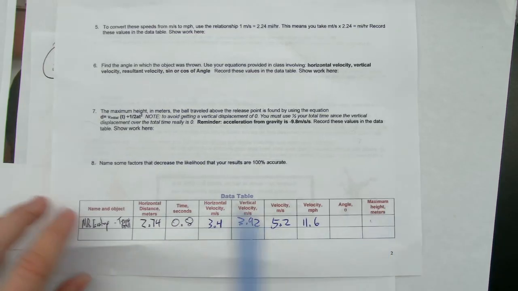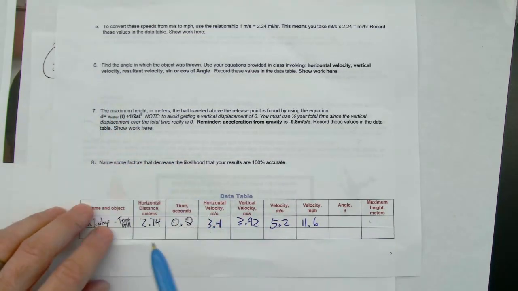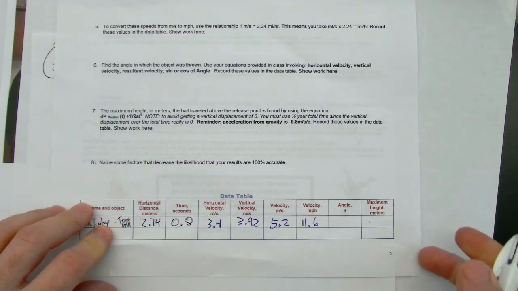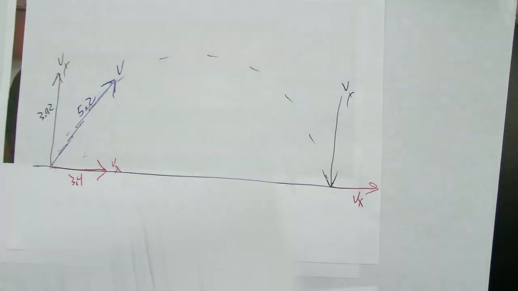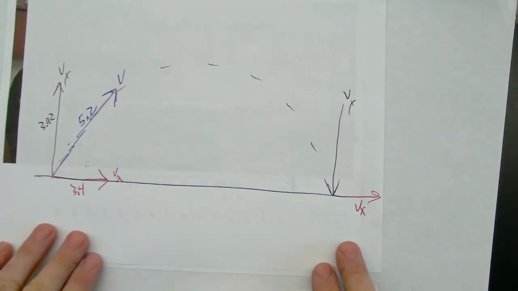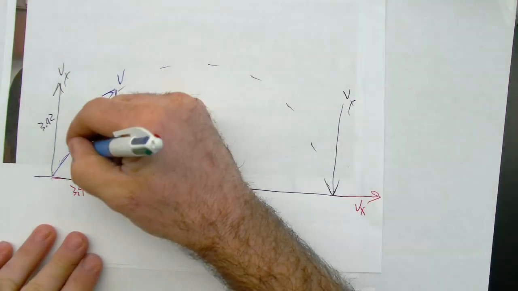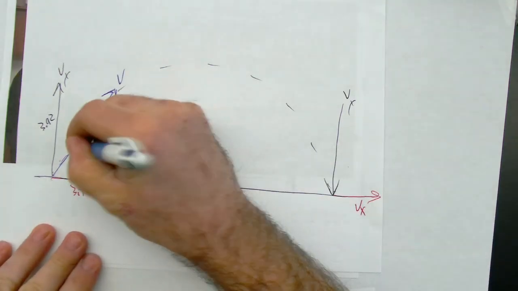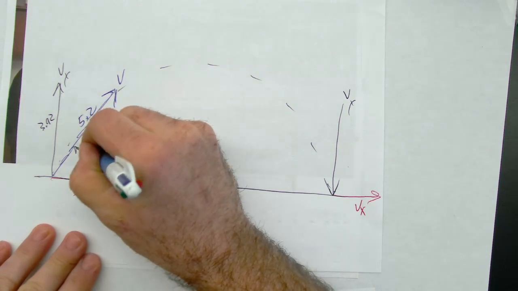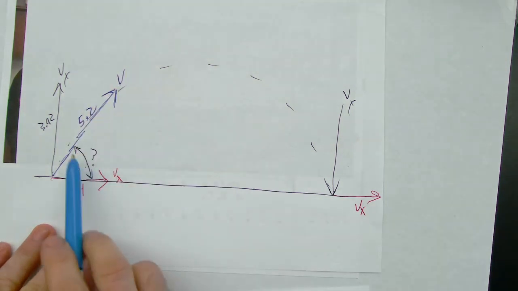Now, moving on to the next step, step 6 says to find the angle at which it was thrown. And just to go back to our original diagram, what it's really saying is, what was this angle right here? What does that equal?